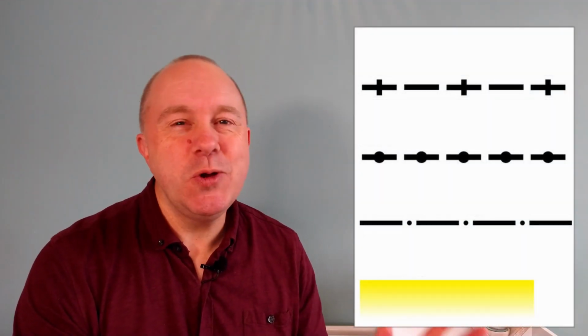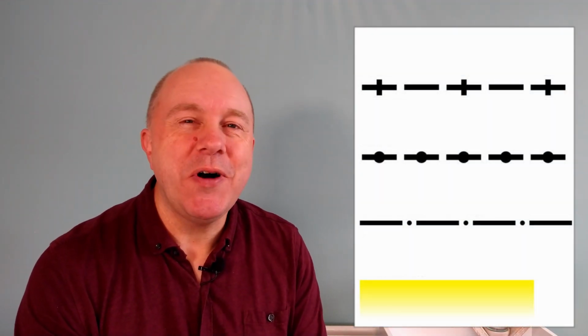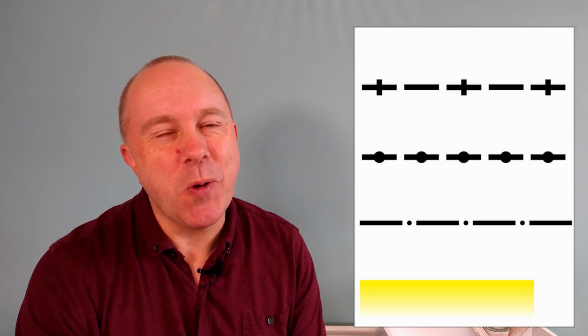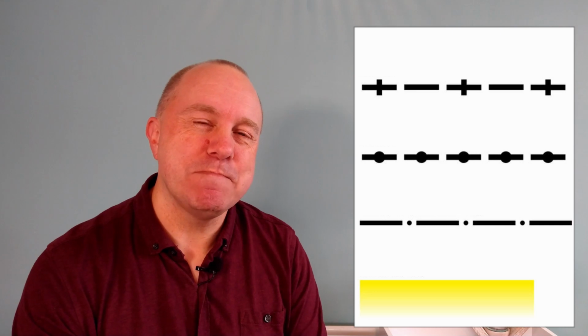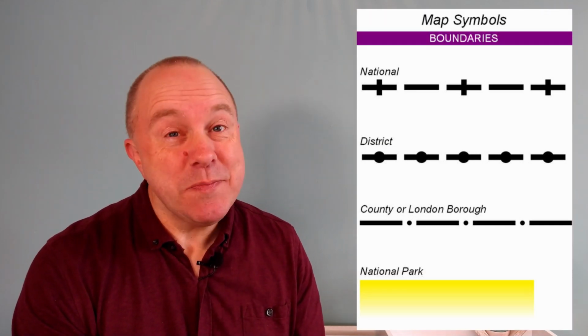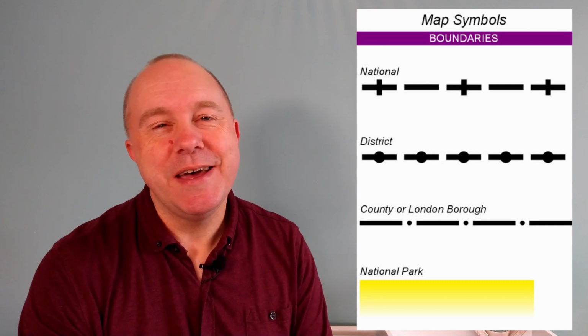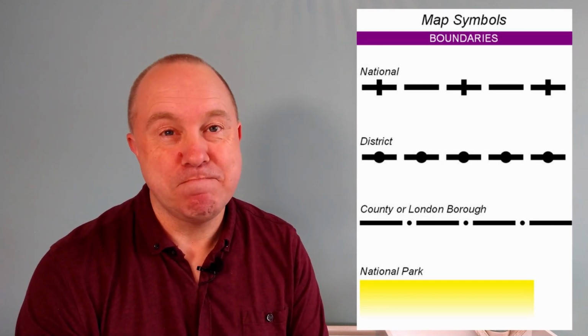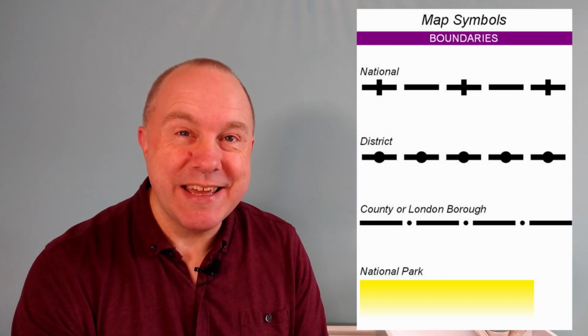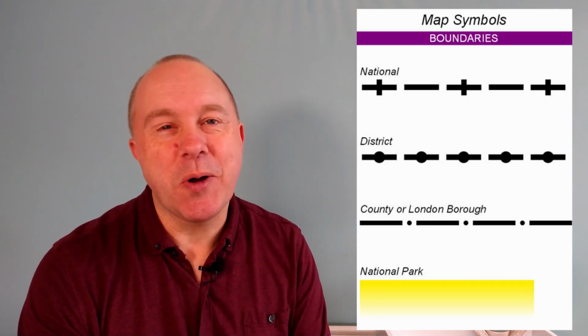Well, here's a few symbols that you would find on an Ordnance Survey map, and I wonder if you know what they signify. These are the symbols for different kinds of boundaries: national, district, county, or national park boundaries.